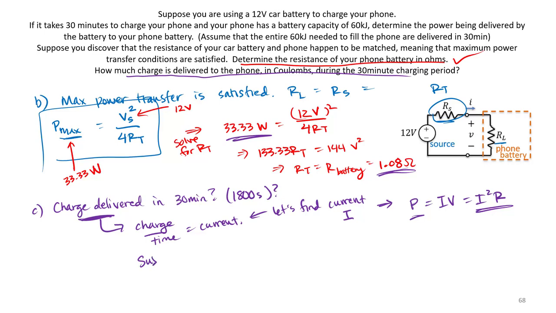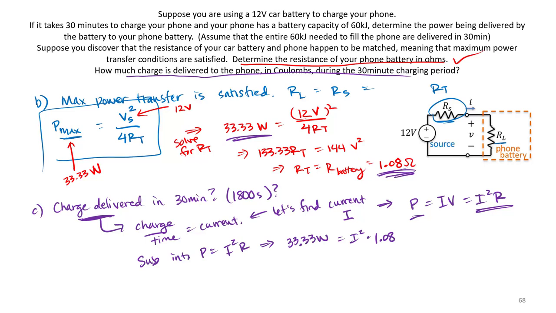If we substitute into P equals I squared R, we'll determine that 33.33 watts must equal I squared times our resistance. And in this case, let's make sure we plug in the correct resistance here. So we know, in this case, the resistance of our load is going to be equal to that 1.08 ohms.